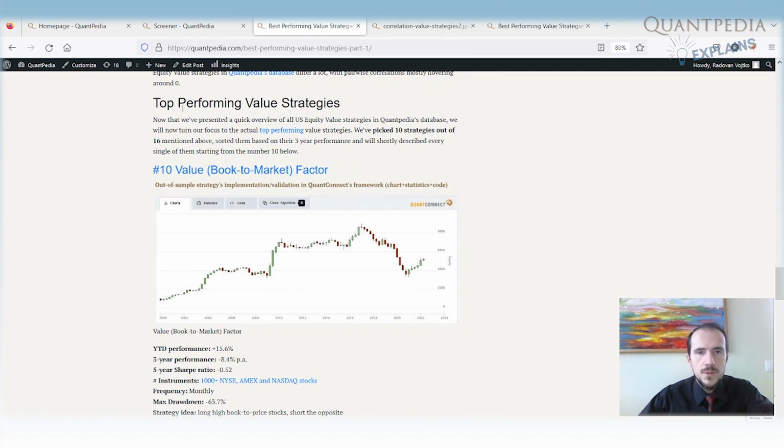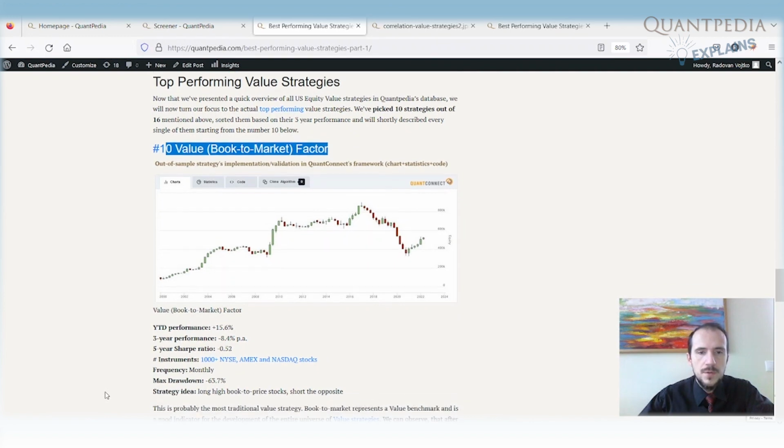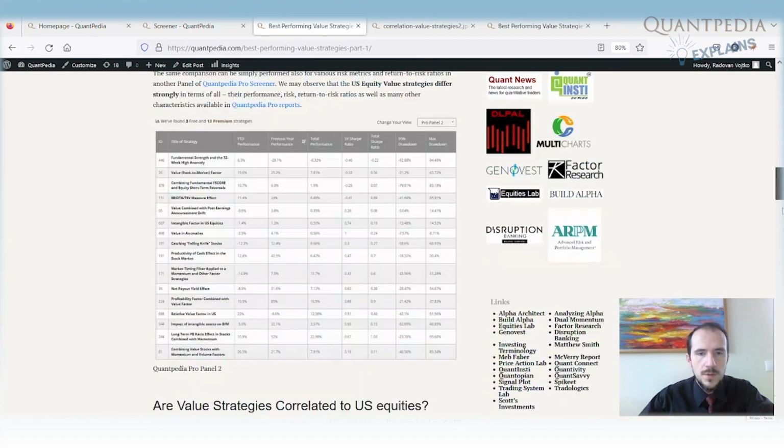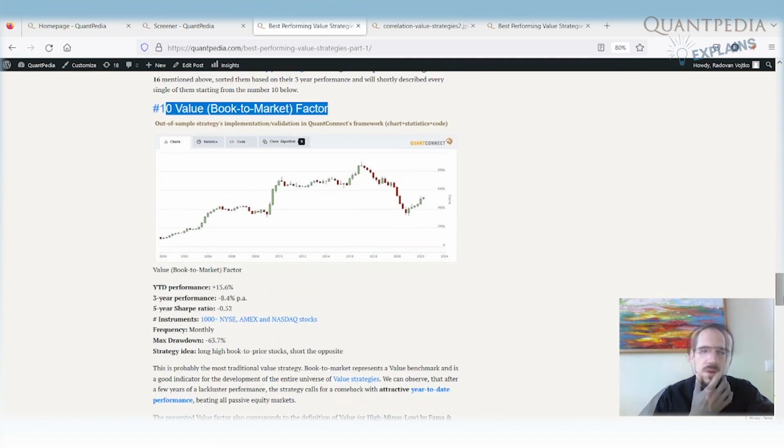Top performing value strategies, strategy number 10, the value book to market factor. It's the classical Fama and French factor. That's the article from the year 2022. In the summer, the year-to-date performance was positive, while the 3-year performance was negative.